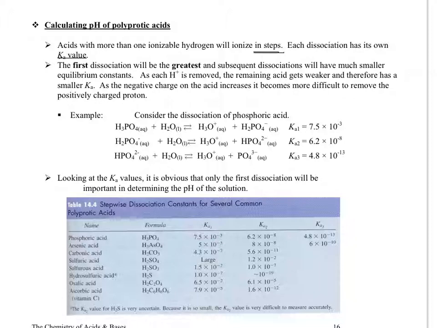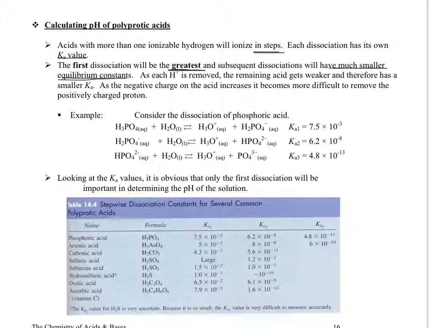The first dissociation, or losing the first hydrogen, will be the greatest, and the rest of them will have much smaller equilibrium constants. So after each hydrogen is removed, the acid gets weaker and weaker, and that's why there's a smaller Ka. The reason for this is because as you lose a hydrogen, you have a negative charge, and that negative charge is going to make it harder to remove a positive proton.